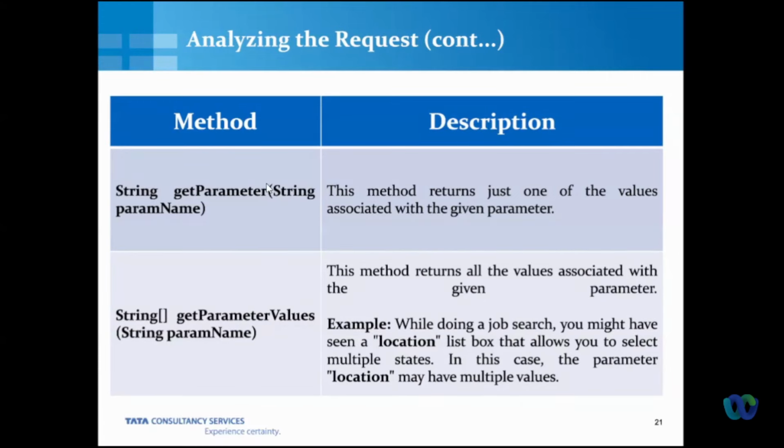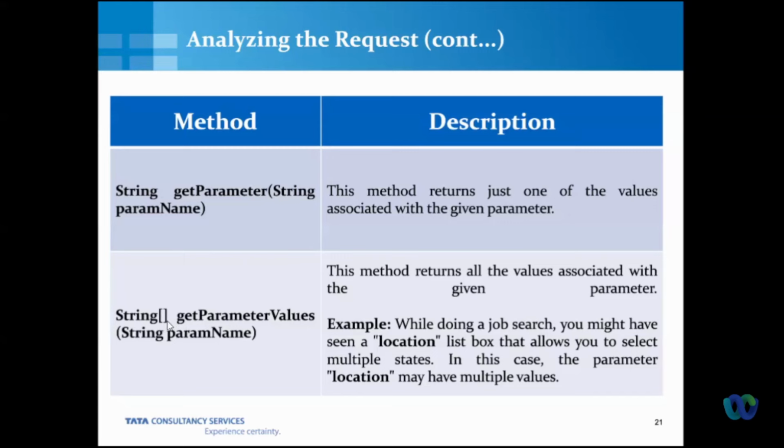Now these are some request methods. String getParameter: this method returns just one of the values associated with the given parameter. And what is the difference between this string and this string?